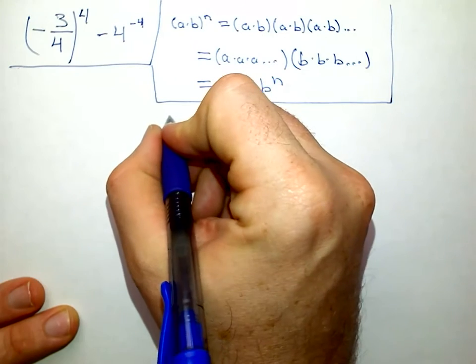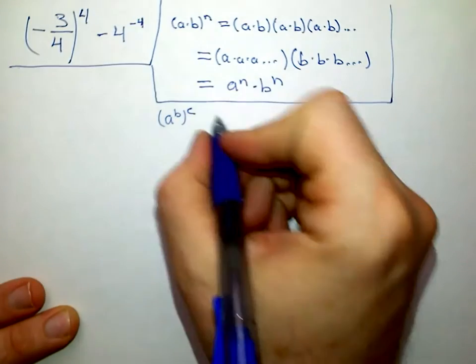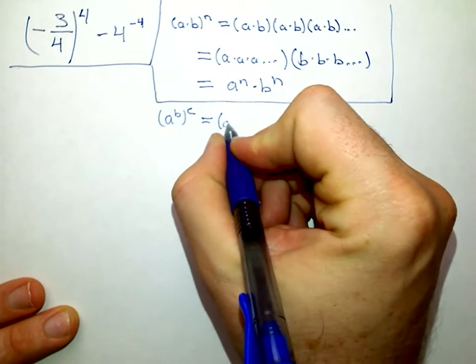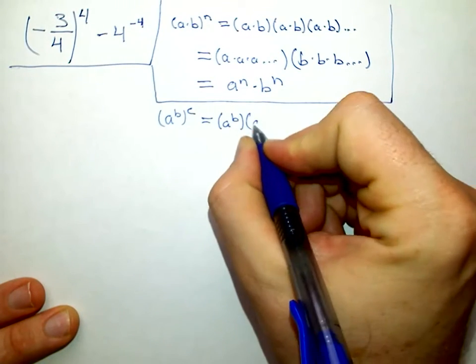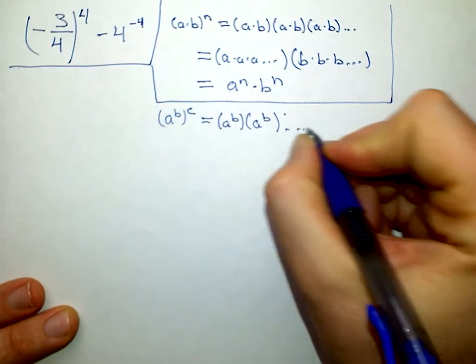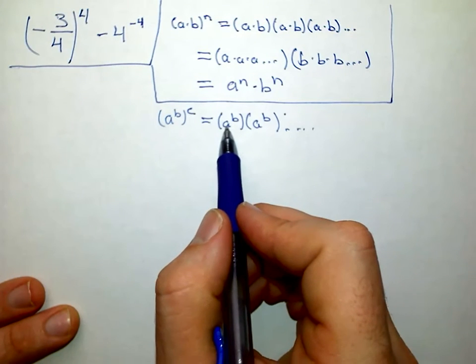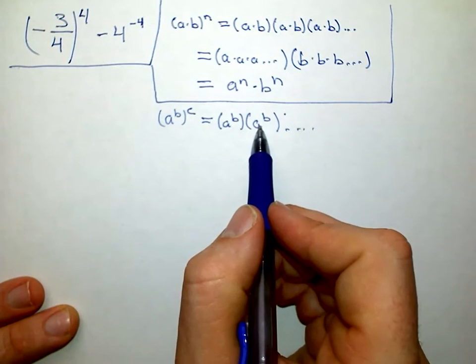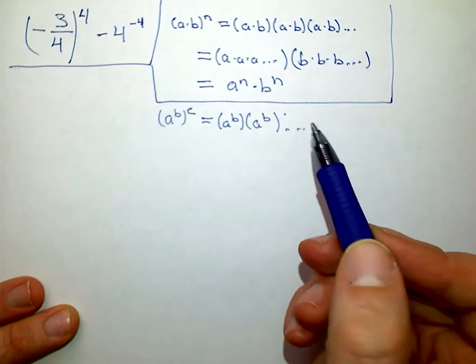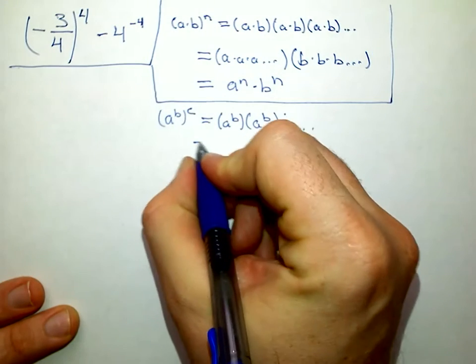Similarly, what happens if I have a to the b to the c? If I have that, I've got a to the b, a to the b, and so on, c times. Well, what's this? I multiply a b times, and then I multiply a b more times, then I multiply a b more times.